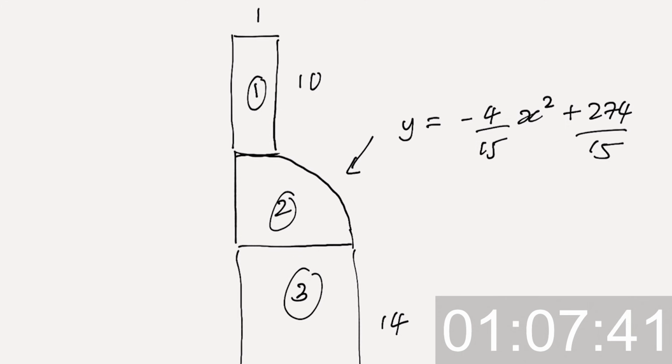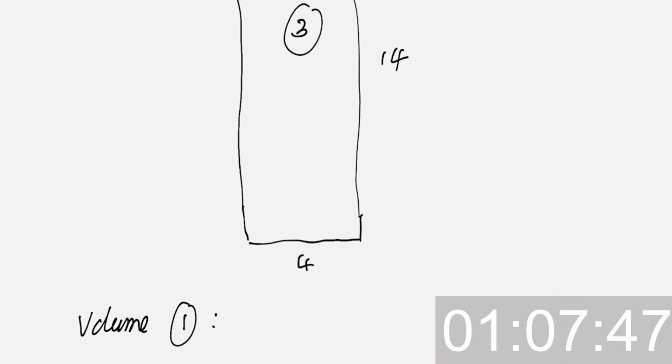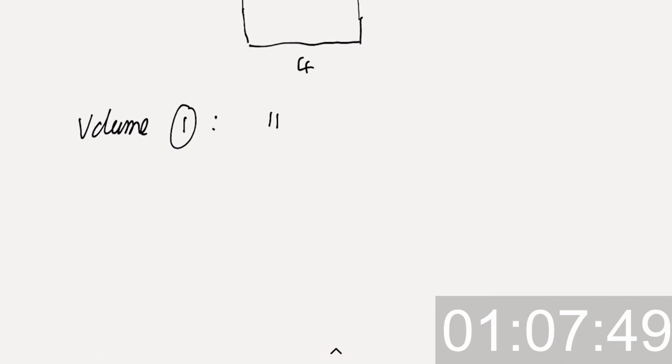So the volume of 1 is just going to be, it's a rectangle, so when I rotate, it's a cylinder. The volume of a cylinder is pi times the radius squared times the height. Radius is 1, height is 10, so that's 10 pi.